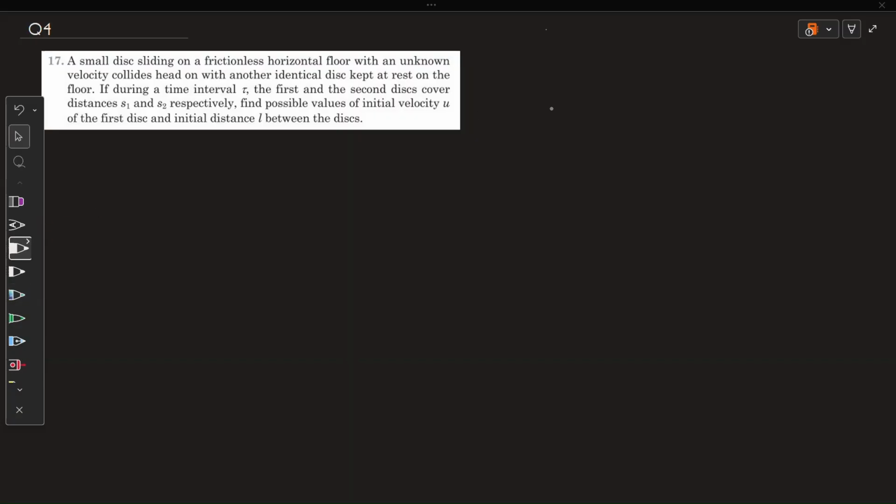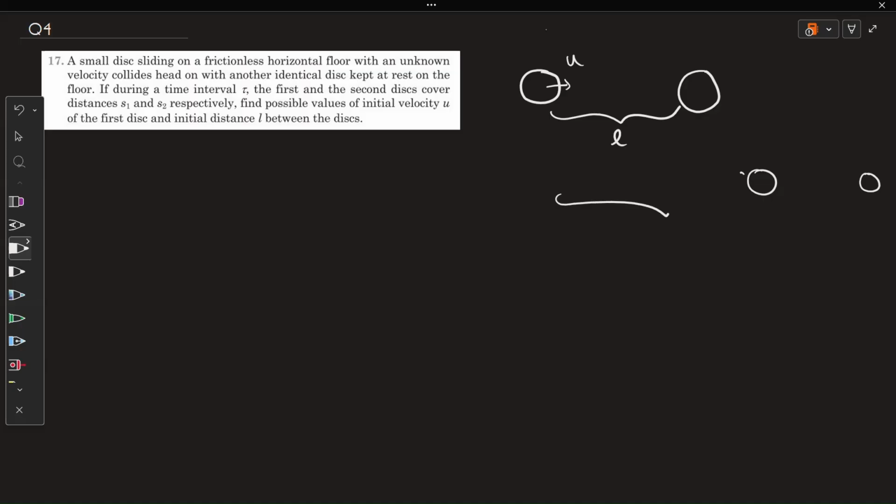Okay. Now what happens is, let's assume this situation. Let this be disk 1 which is moving with the velocity u. Initially disk 2 is placed over here and the distance between them is L. After collision, disk 1 goes some distance over here and disk 2 goes a distance over here.